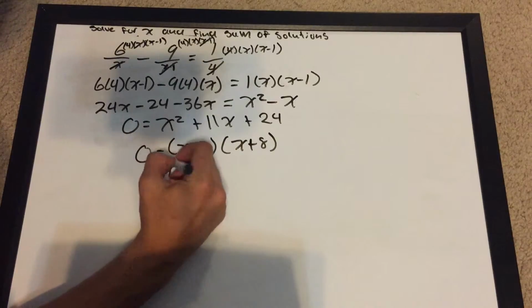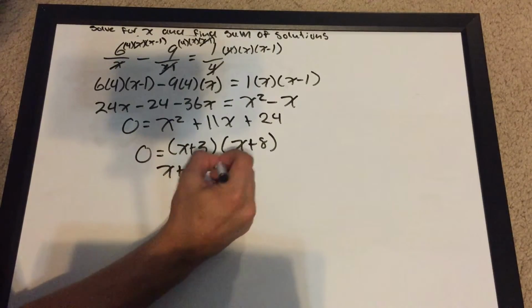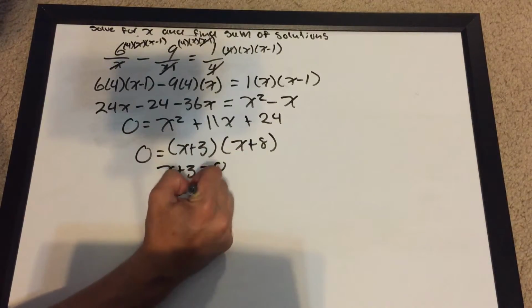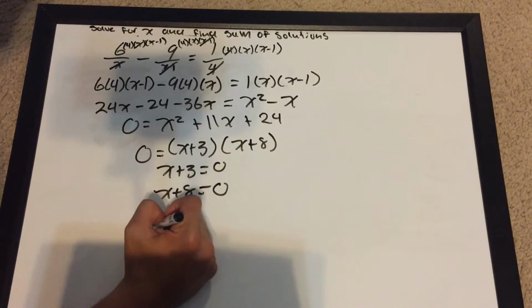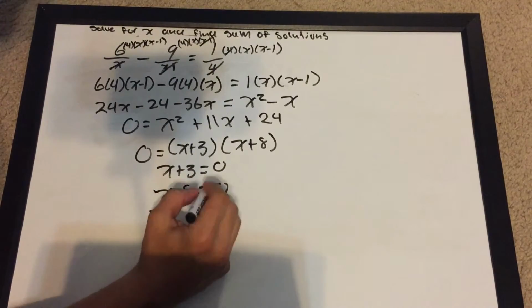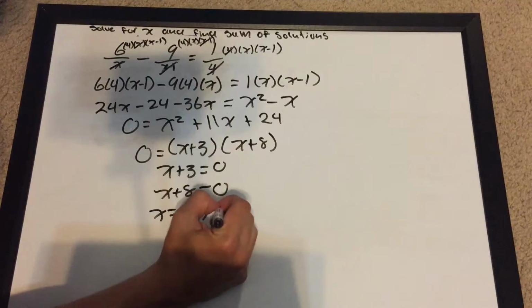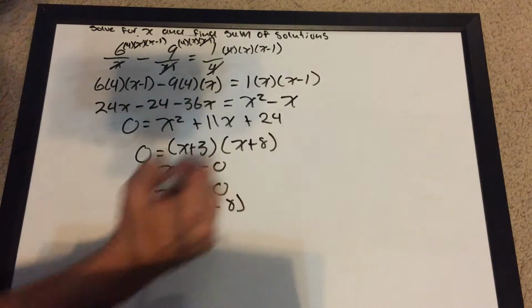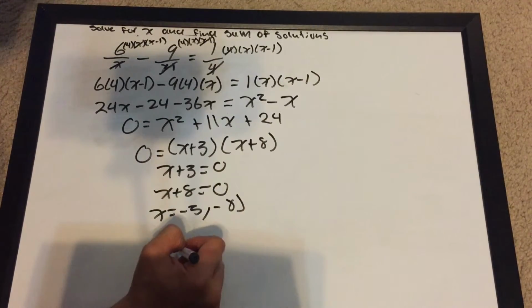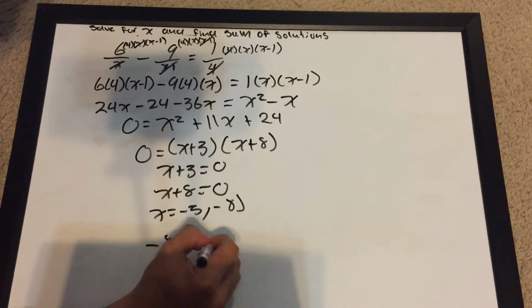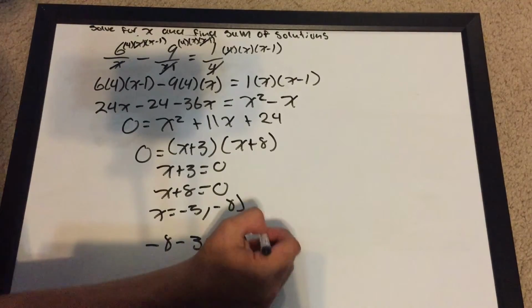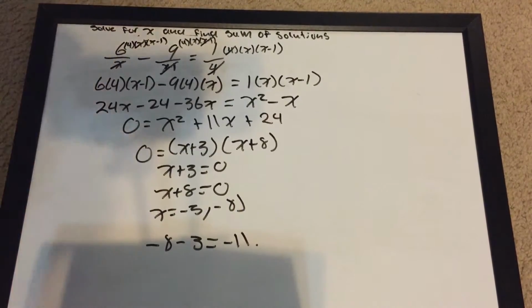Solve for both. Since you get negative 3 and negative 8, add them both together to find the sum of the solutions.